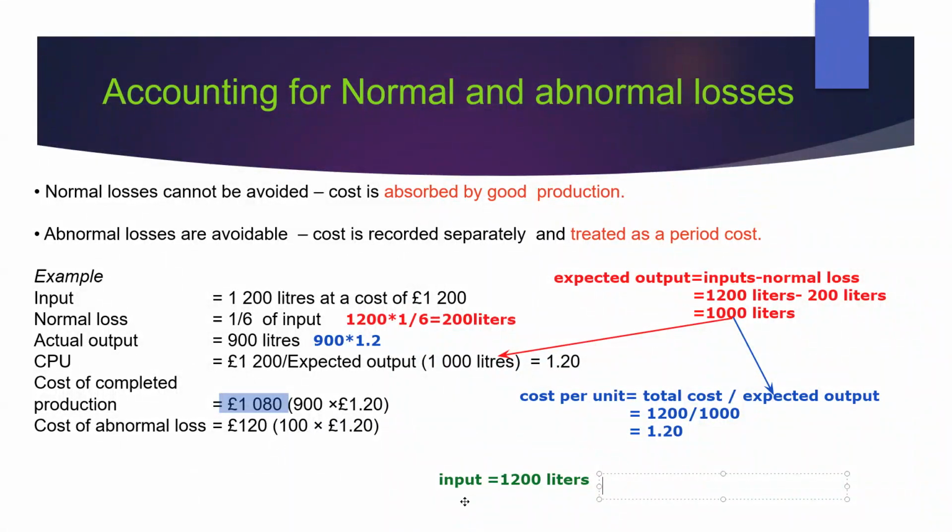Here, as the normal output, we can see 900 liters. And at the same time, we can identify a normal loss, which should be treated as same as the output, which is 200 liters.